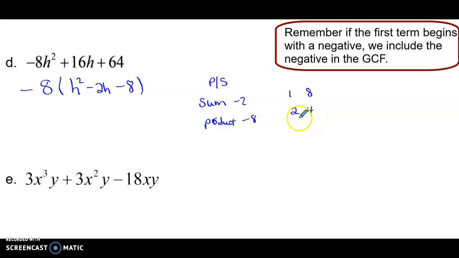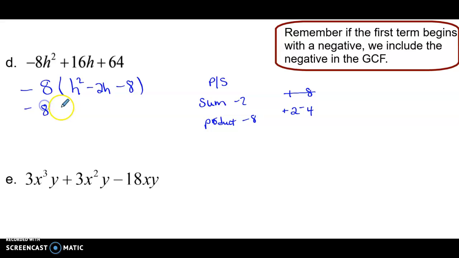In order to get a sum of negative 2, I'm going to need to use the numbers 4 and 2. A positive 2 multiplied by a negative 4 would give me negative 8. And a positive 2 plus a negative 4 have a sum of negative 2.